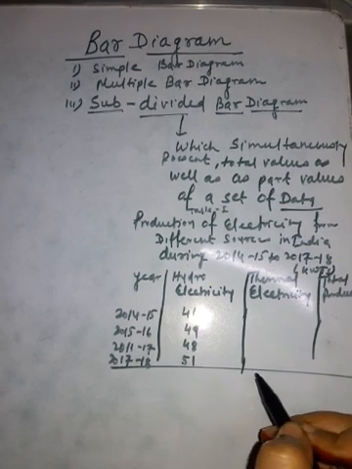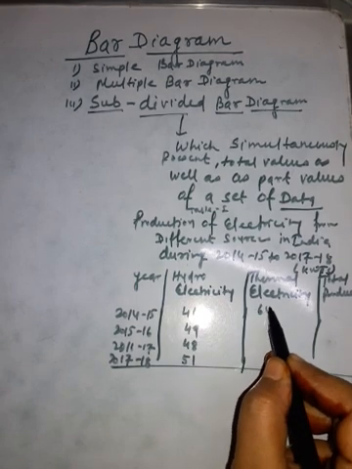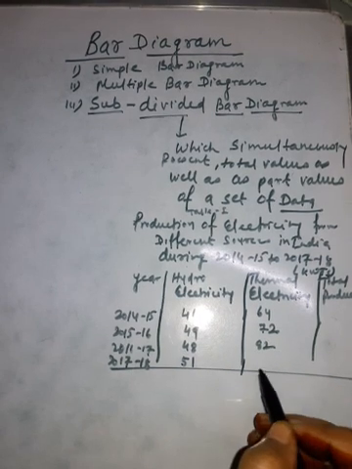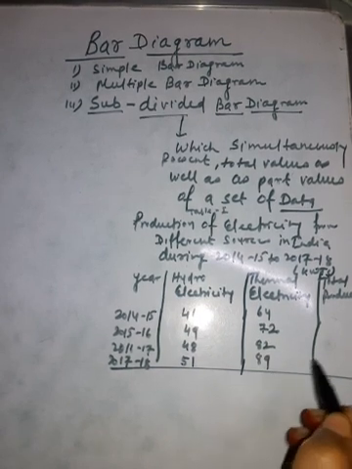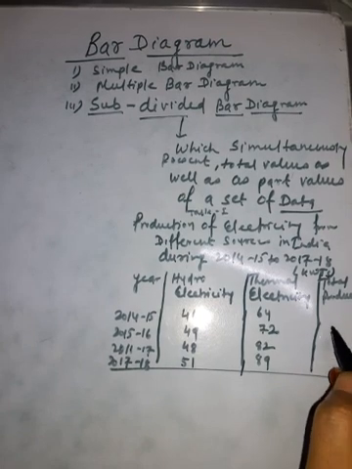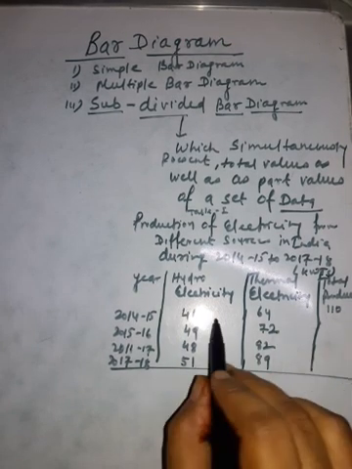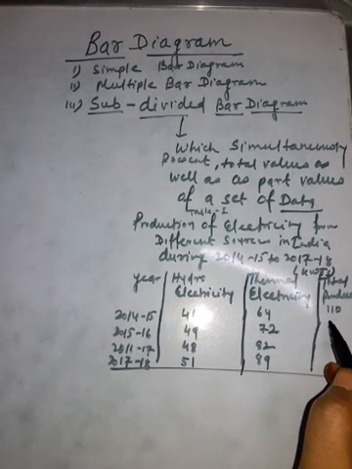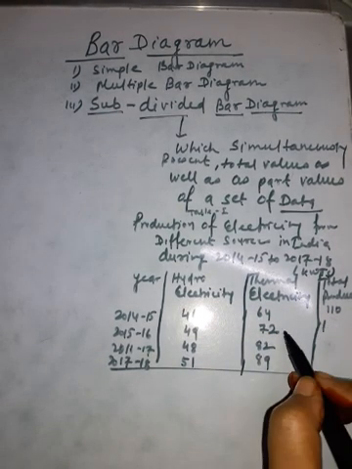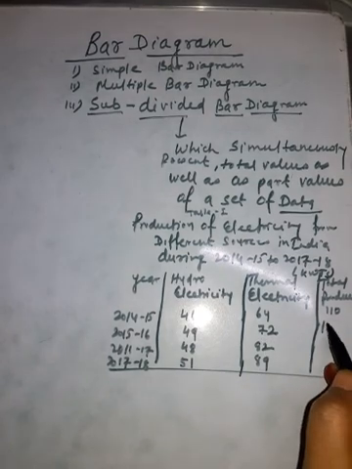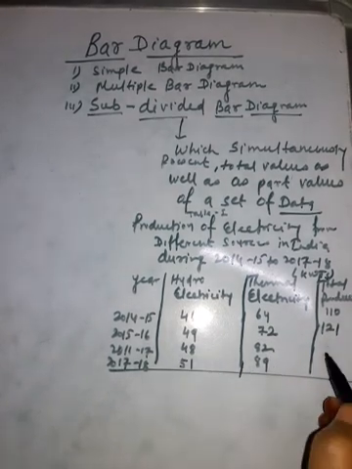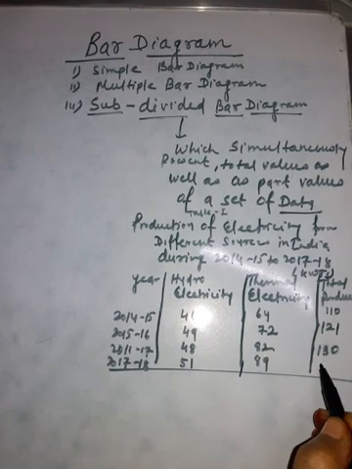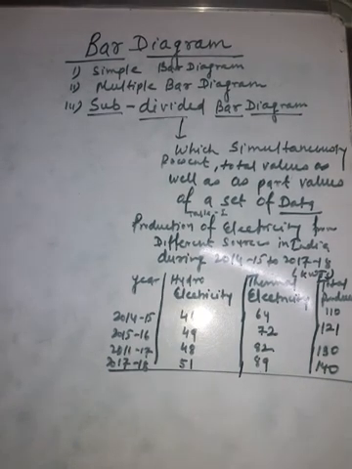Thermal electricity generated is 64, then 72, then 82, then 89. And total production, of course, 110. Total electricity production in our country from different sources is 110. Adding, then it would be around 130, then 140. We have data like this.